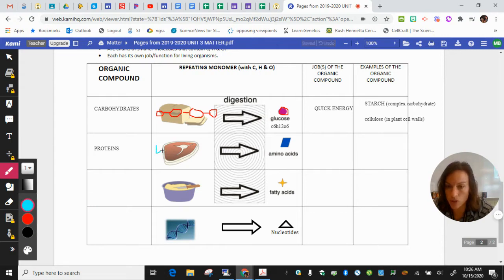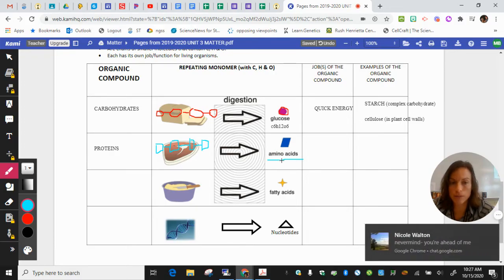So in this case, if I could draw that square, okay, you'd have a bunch of amino acids chained together. Now I'm going to put 3 or 4 in here, but in a real amino acid chain of proteins, you would have hundreds to hundreds of thousands. But this time it is a CHOrganic chain, but it's a chain of amino acids.